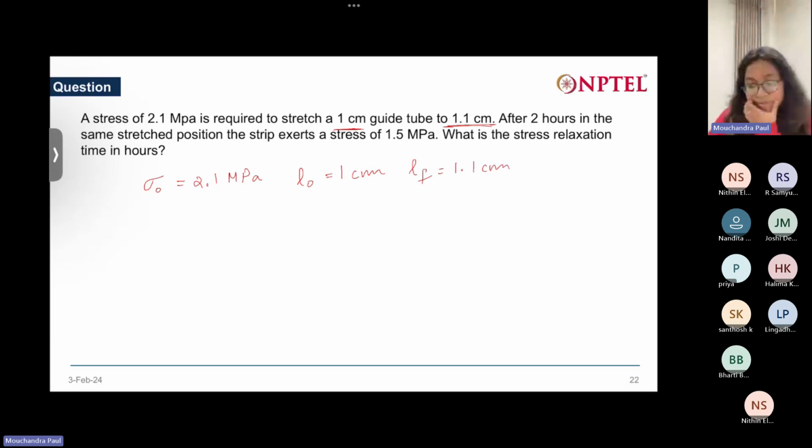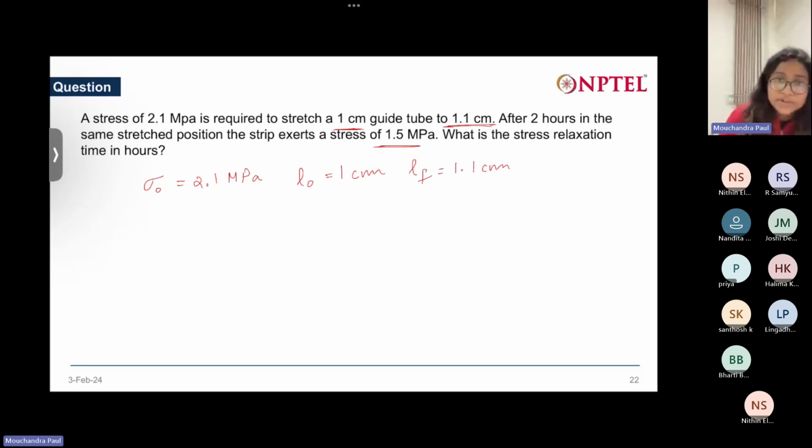Now stress relaxation is a time dependent phenomenon, so time is also an important variable in it. After 2 hours we see that the stress generated by this guide tube has decreased.